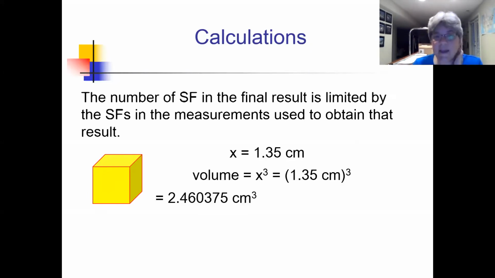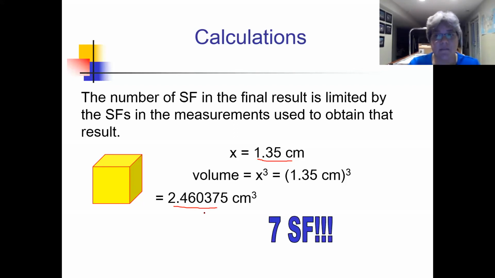So I put it in my calculator and I get this number here. So I measured the side, and I have how many significant figures? Okay, well, there's 3.